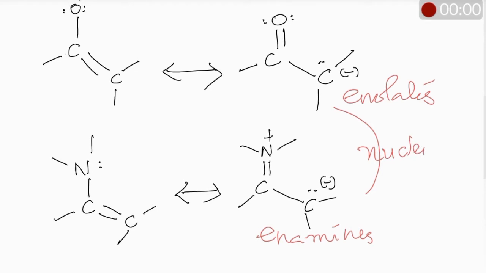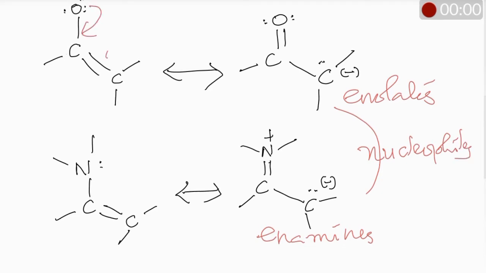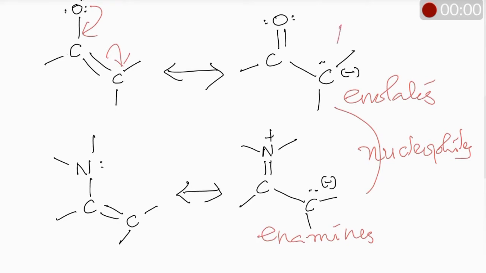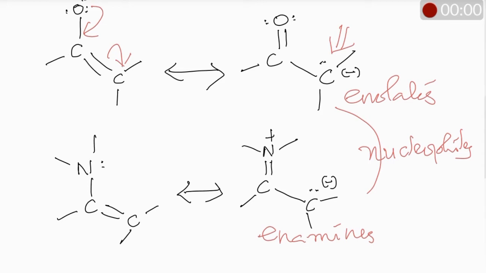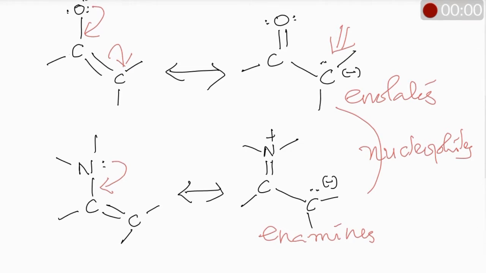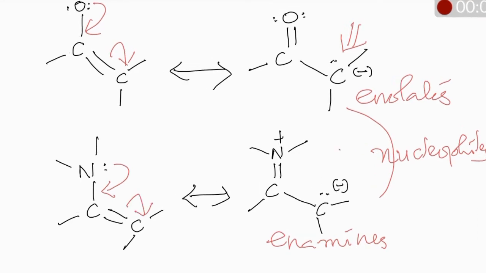Actually here what happens is this pair of electrons may come down and get localized over here, so that you get a negative charge over here. That's why it is acting as a nucleophile. In the same way, the pair of electrons on the nitrogen atom can get delocalized, and this pair of electrons can get localized, so that you get a negative charge on this carbon atom.